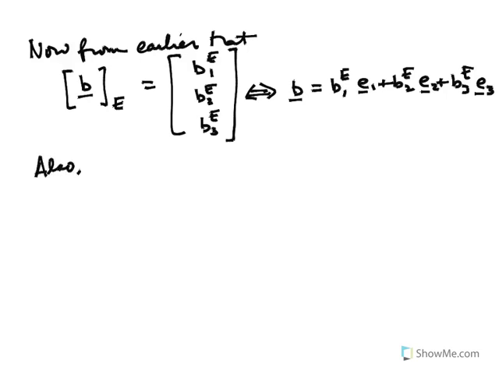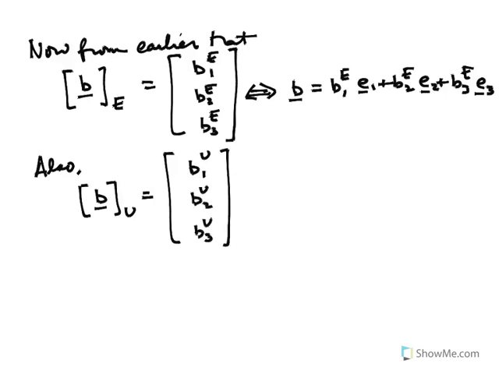B expressed in the basis U is equal to B1U, B2U, B3U, which gives the vector equivalence B is equal to B1U u1 plus B2U u2 plus B3U u3.